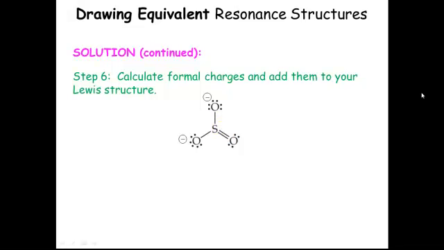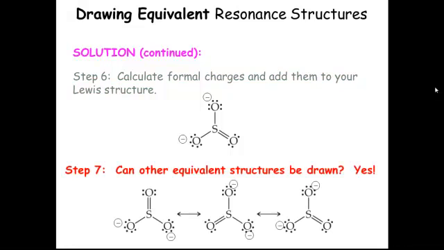I should have put a +2 on that sulfur, by the way. 6 valence electrons, so +2 on sulfur. And on the outer oxygens, the ones without the double bond, we have 1, 3, 5, 7 electrons versus 6 valence electrons. So we overall have 1 extra electron, so a negative formal charge on those 2 oxygens.